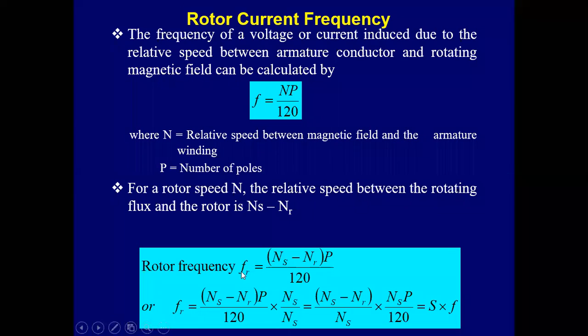During running conditions, what is the rotor frequency? Fr is equal to the relative speed, ns minus nr, into P by 120.